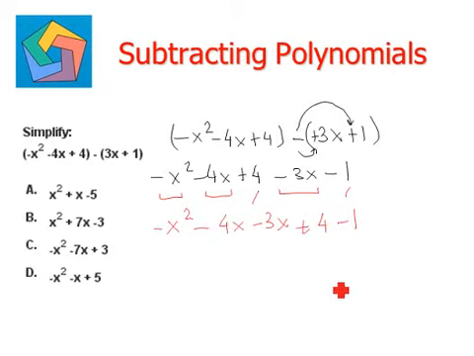Now going further, negative x squared cannot be combined with any other term, so it remains as it is. Negative 4x minus 3x, two negatives we add and keep the minus sign. Plus 4 and minus 1, that is 4 minus 1, which is a positive 3. Now option C seems to match what we got as the answer. So C is the correct answer.